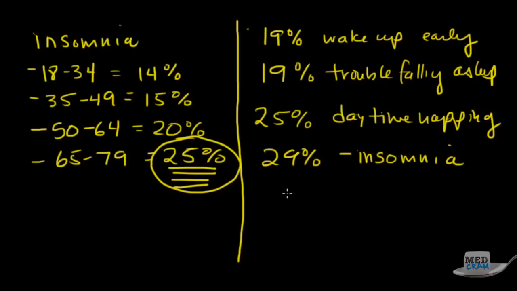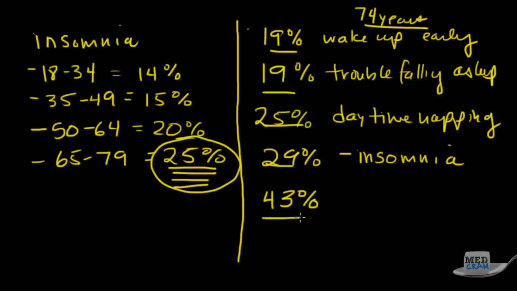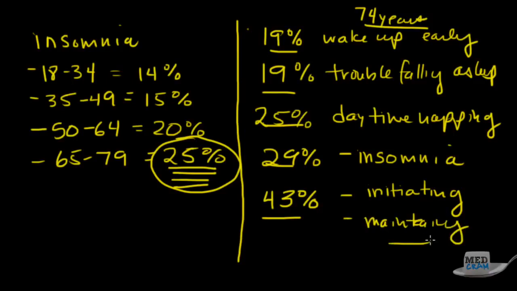And then if you look at both initiating and maintaining sleep, we're looking at 43% of older adults. So these are people who have a mean age of 74 years of age. Of those people, these are what they're complaining about. And 43% have problems with initiation and maintaining both. Now, this is by no means a geriatric diagnosis. There are many young people and middle-aged people who have this problem.